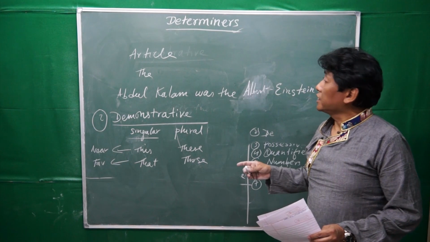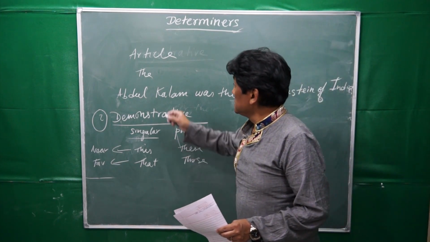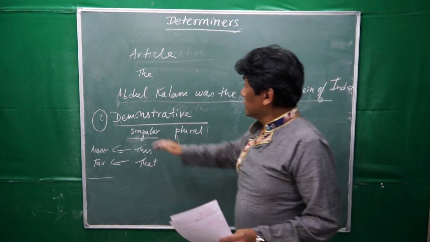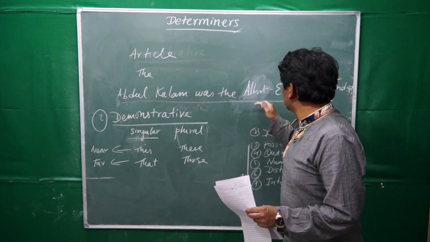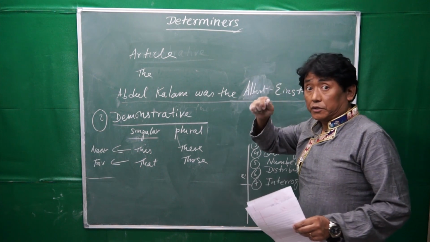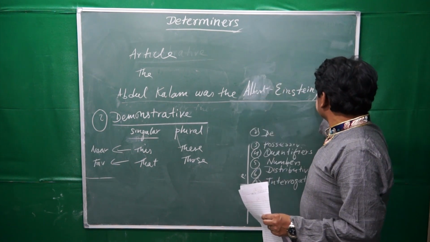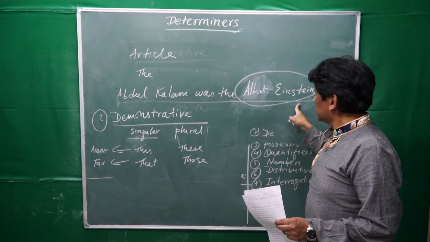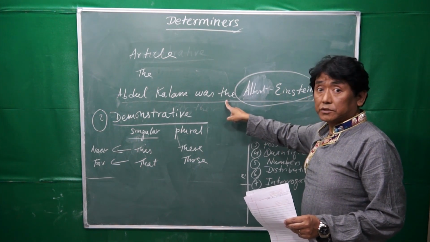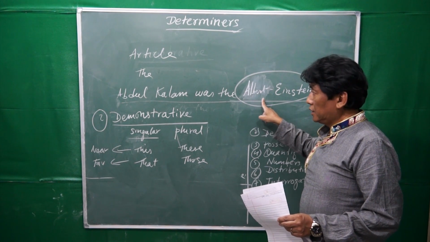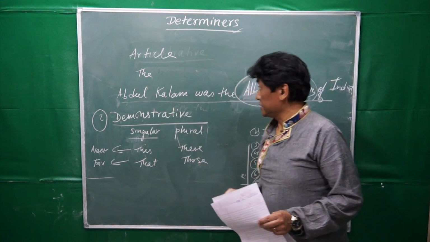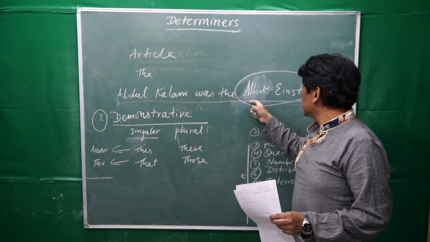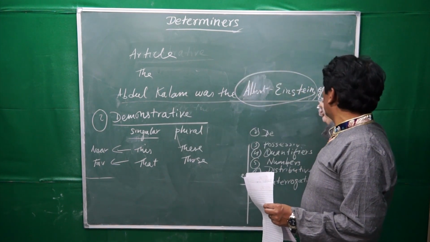Now to move on to the next rule of article, I have a sentence for you. We have talked about this in our previous points also. This is a proper noun, right? The Albert Einstein. You can see that "the" is used in front of this proper noun. Now read this sentence first: Abdul Kalam was the Albert Einstein of India.